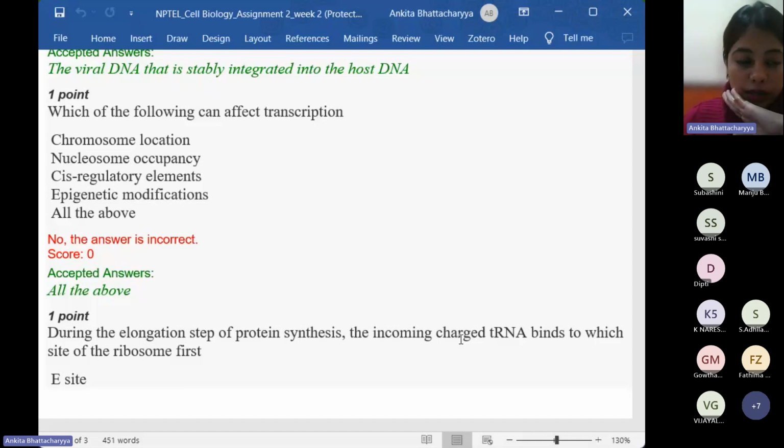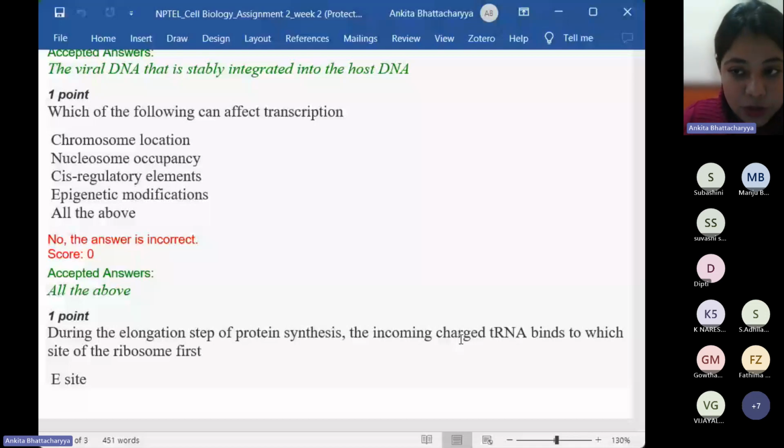There are stretches of DNA where methyl groups are added one after the other, and very often these are called methylation hotspots, which means these regions are very prone to getting methylated, and the presence of methyl groups is a mark. It's like a tag that this region will not get transcribed.